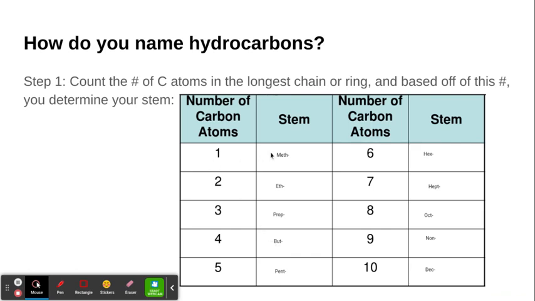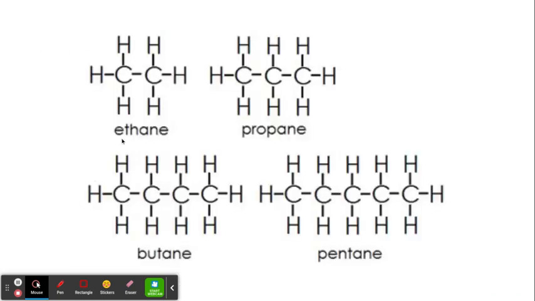Once you memorize meth for 1, eth for 2, prop for 3, and but for 4, then you basically have all the other ones down, except you have to take off the A on the end. So for example, ethane here, because you have 2 C's, and then propane because you have 3, and so on and so forth.